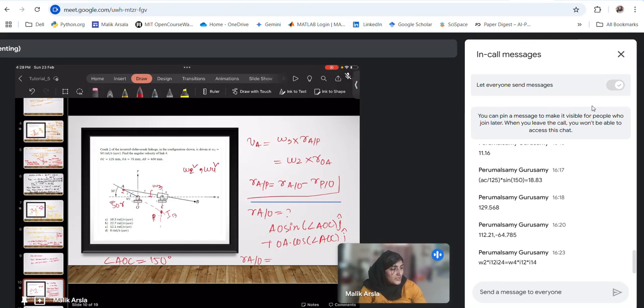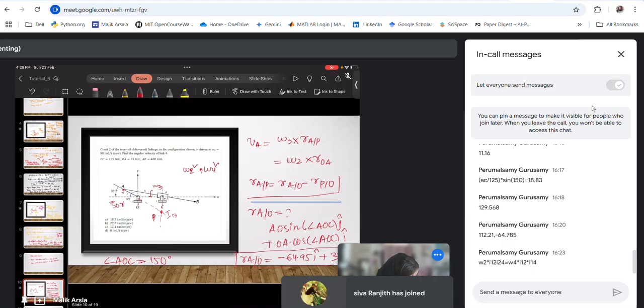When you put the value AO, which is already known as 75, it is coming out to be minus 64.95 i cap plus 37.5 j cap. This is what RAO is coming out to be, right?